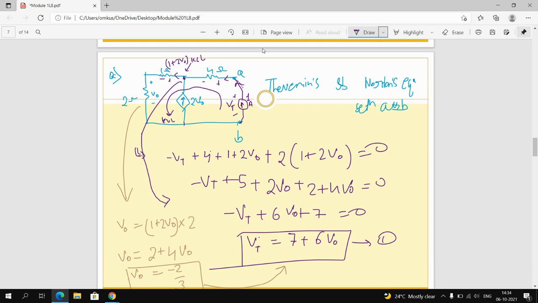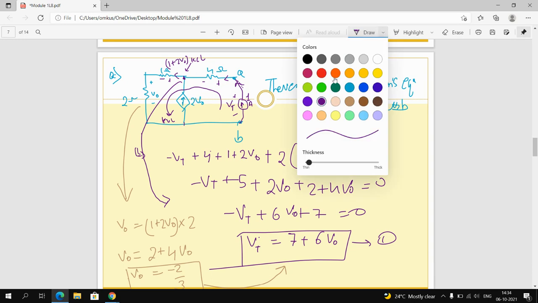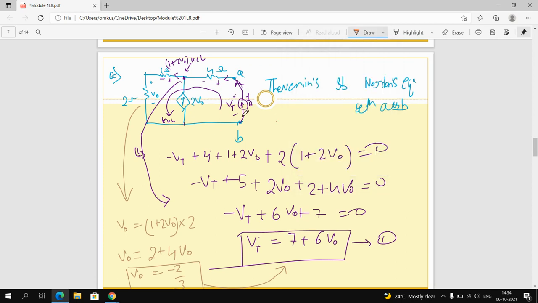See, in that first equation I take a 1 ampere source here. This is a current source, right? So some potential is also involved in that. If I take a 1 ampere source, the potential I consider here is VT.